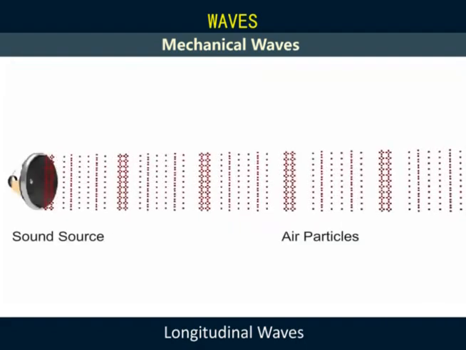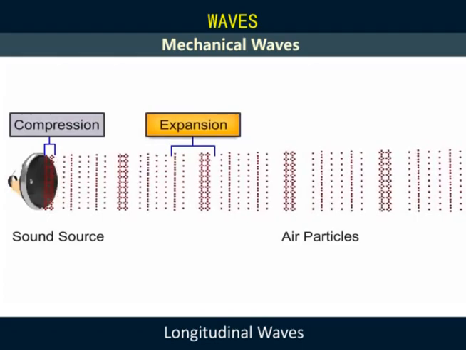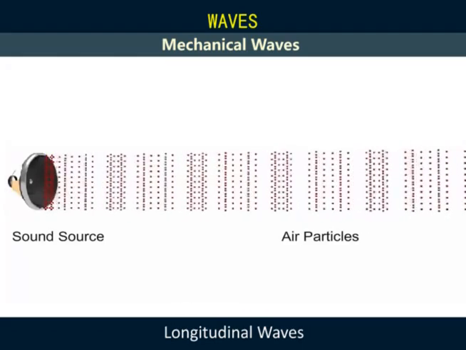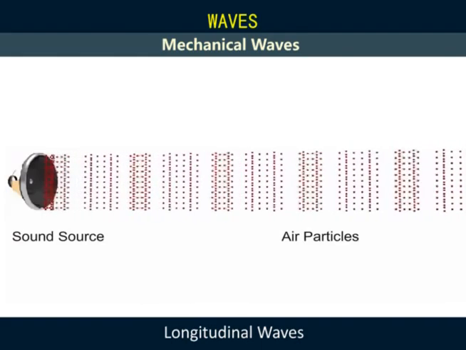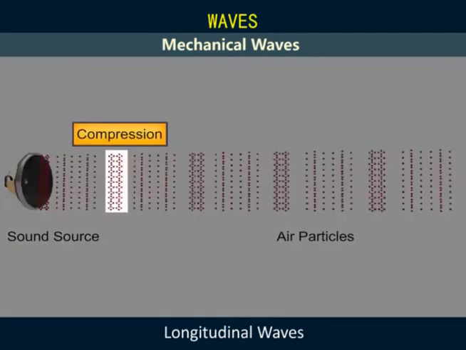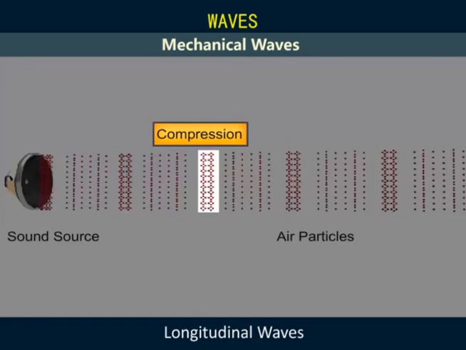When sound is produced, it compresses or expands a small region of air near the source. This causes a change in the pressure of air in that region. The increased pressure causes compression of air particles surrounding the source. These particles in turn transmit pressure to the neighboring particles, which get compressed.